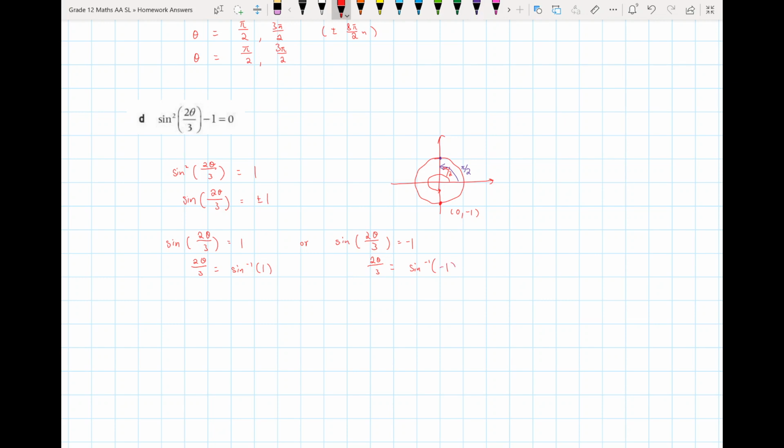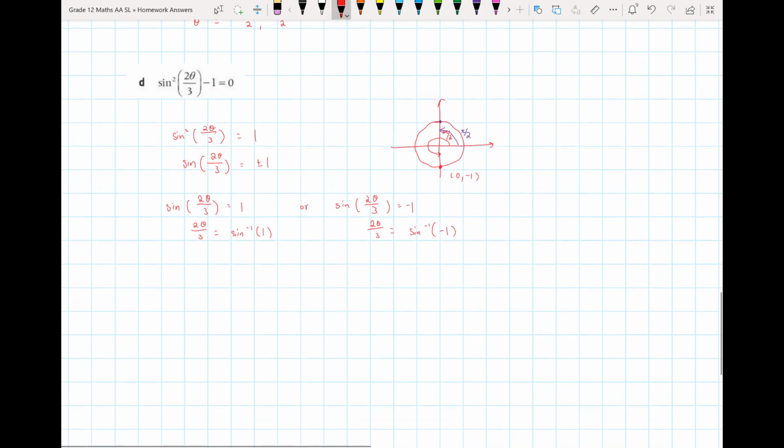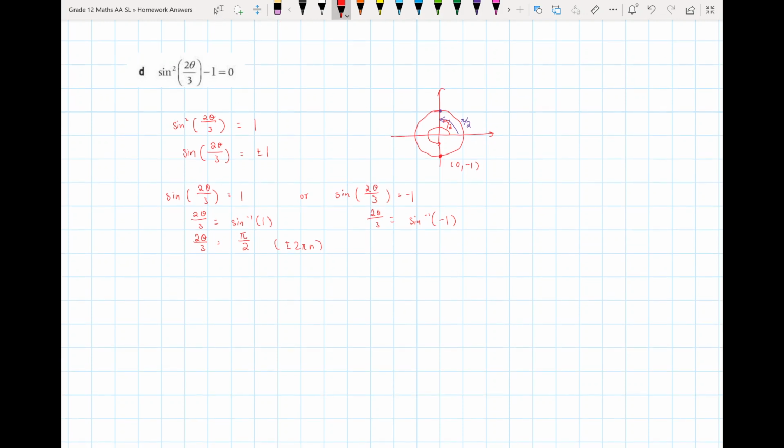So here I will look for the reference angle. Here on the left, this happens at pi by 2. And then we have the period to be plus minus multiples of 2 pi. We don't have a secondary answer here because this only occurs once in a cycle. Maybe I'll just finish the left-hand side first.